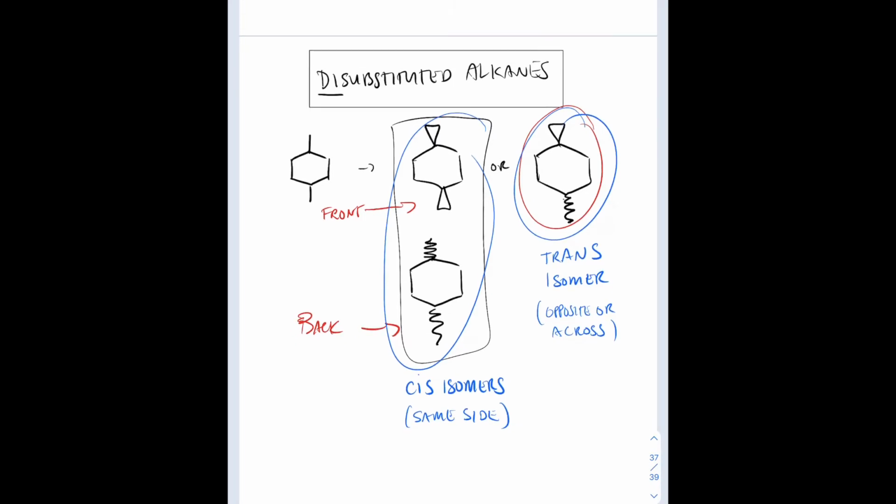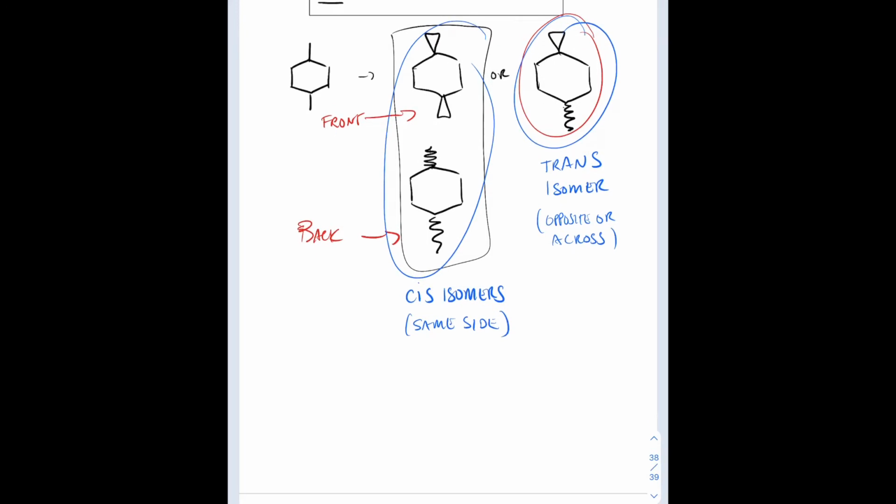Now, these particular vocabulary words are basically a class of compounds that we're going to call stereoisomers. Stereoisomers. Okay. Now, what does this mean? This is basically that the three-dimensional orientation of a molecule is different, but you have the same bond connectivity.